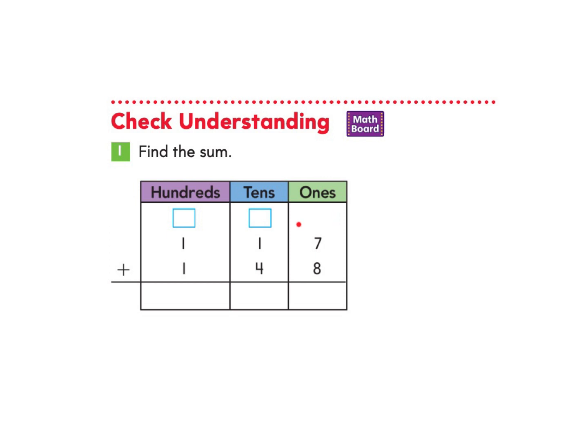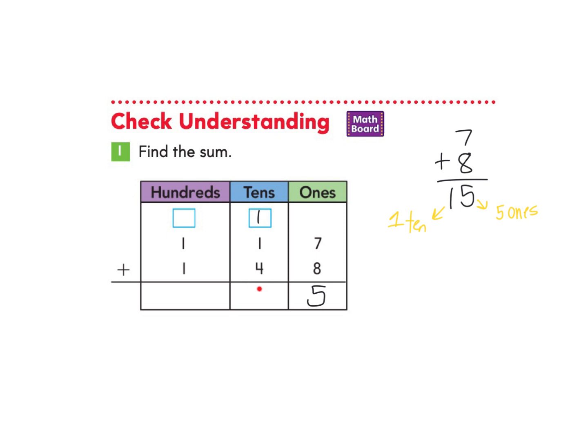We will first add the 7 and the 8 in the ones column. When we add 7 plus 8, we get the number 15. This means that we have 5 ones and 1 ten. So we will write the 5 in the ones column and the 1 in the tens column.